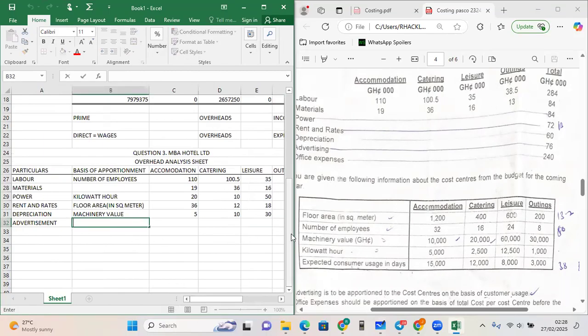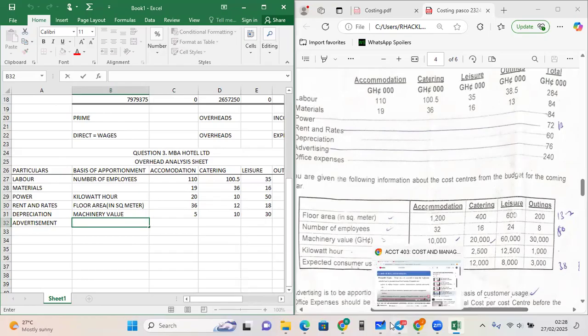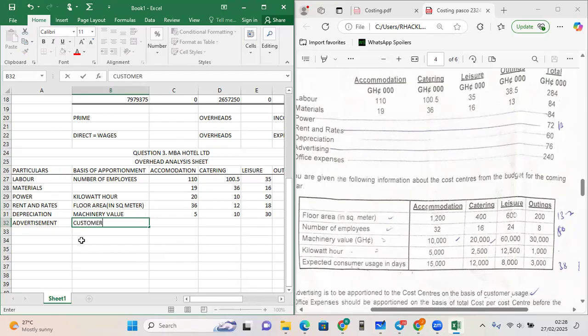But advertising is apportioned to the cost centers on the basis of customer usage. So we are going to use this customer usage, right? So the total customer usage.